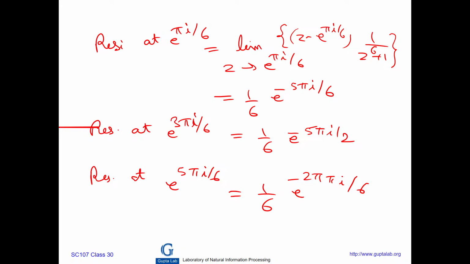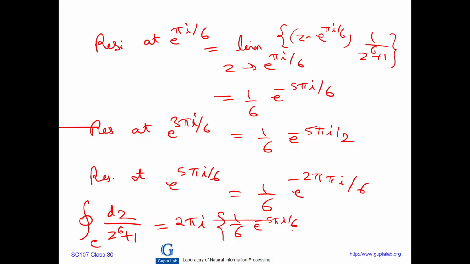So that means integration along C dz divided by z raised to power 6 plus 1, using Cauchy residue theorem, is 2 pi i times 1 over 6 e raised to power minus 5 pi i by 6 plus 1 over 6 e raised to power minus 5 pi i by 2 plus 1 over 6 e raised to power minus 25 pi i by 6, and I can just sum them. You can simplify this value is 2 pi by 3, right? So essentially what we have, ये तो बहुत आसान था यहाँ तक, right?